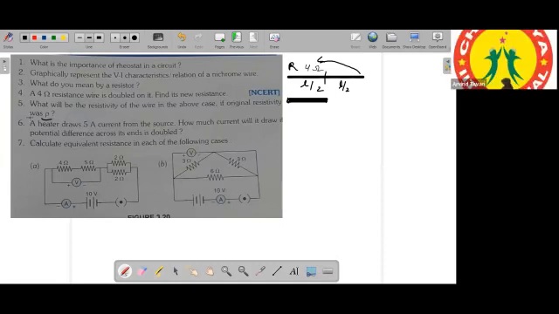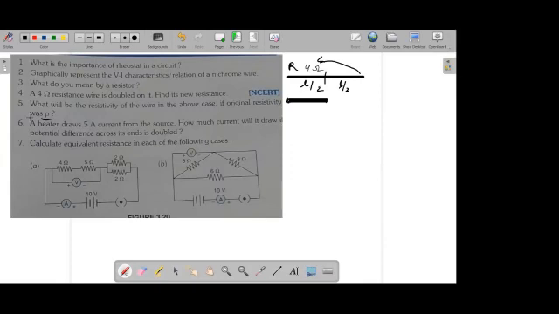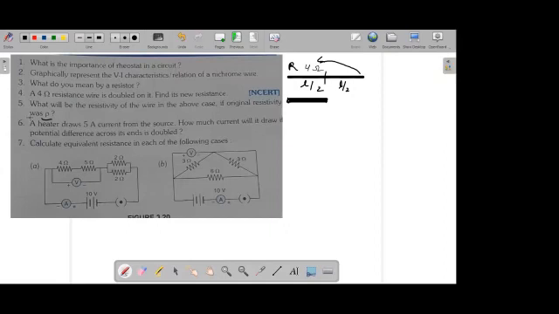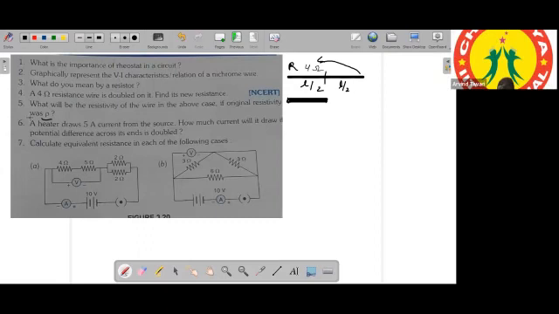Yes, so it will be R by 4, and you have the original resistance as 4 ohm. So its new resistance will be 1 ohm.